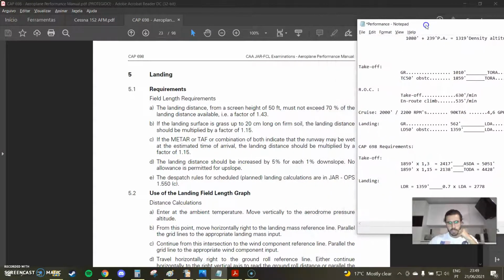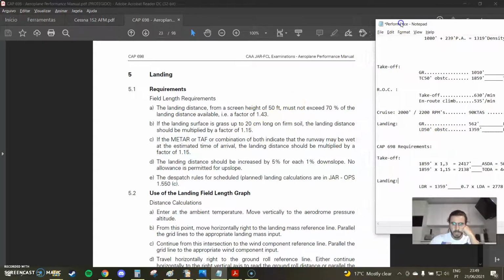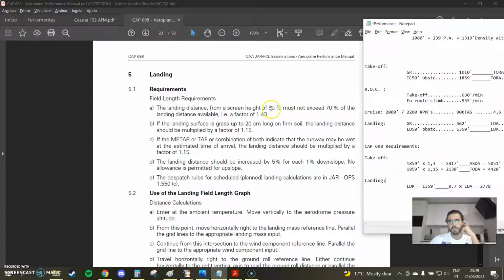For landing, the landing distance from a screen height of 50 feet, which is this one here. Sorry, landing distance from 50 feet. It's not obstacle, so ignore this, my mistake. It must not exceed 70% of the landing distance available. So I did the math here.